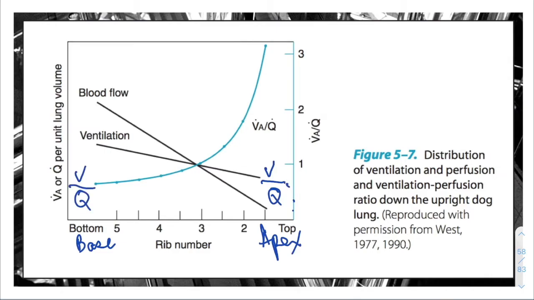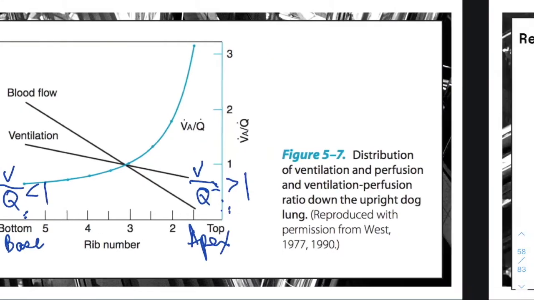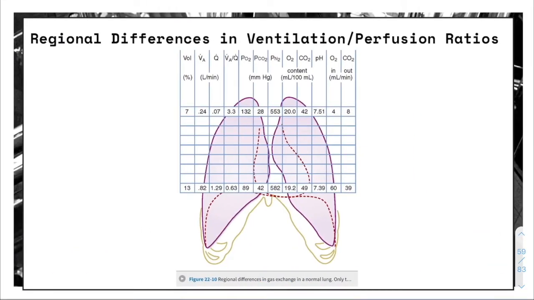So high VQ is greater than 1, low VQ is lesser than 1. If you have a low VQ, your oxygen tension is less, and your CO2 tension is high at the base, while your CO2 tension at the apex is less.